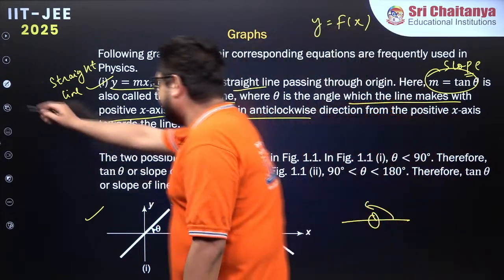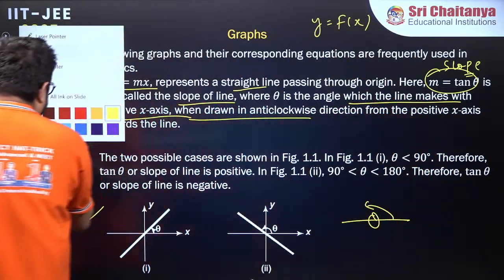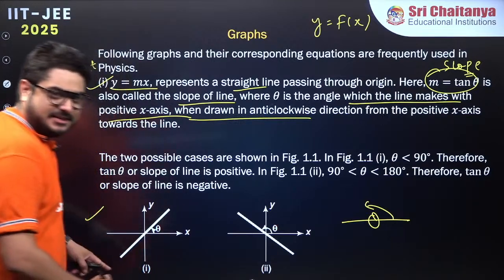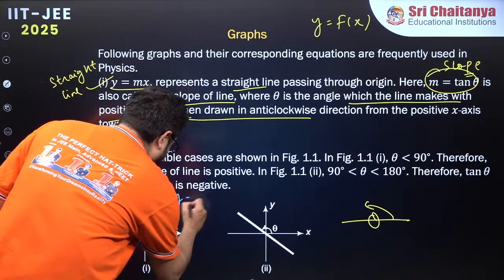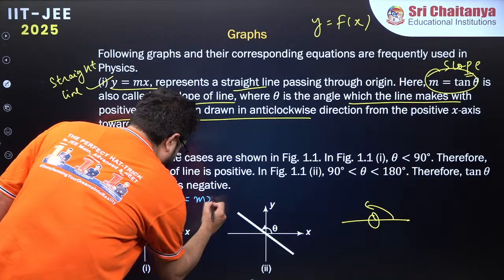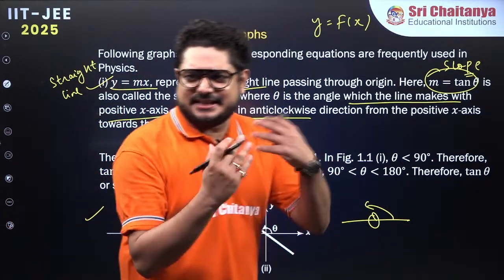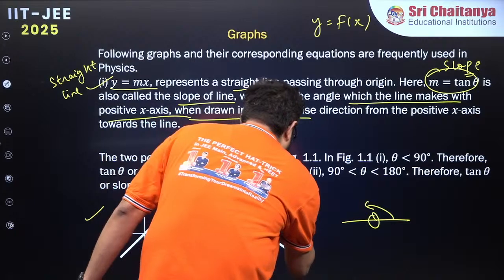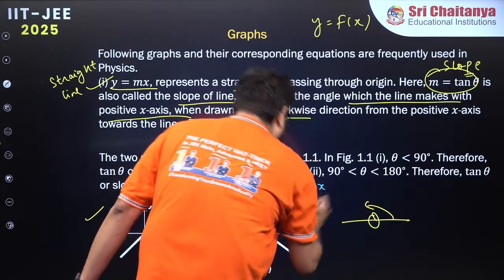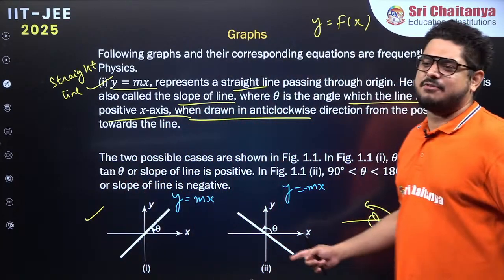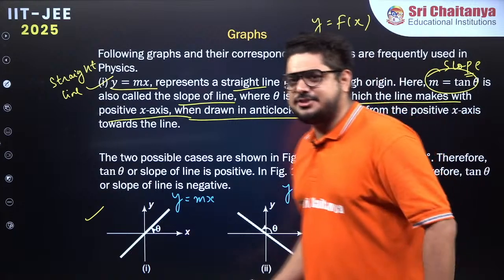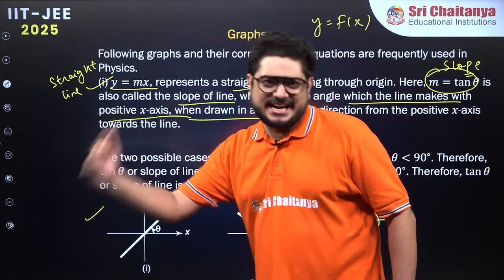The graph on the left follows the equation y = mx. Whereas the graph plotted on the right is represented as y = -mx. Why? Because the slope is going to be negative over here, isn't it?